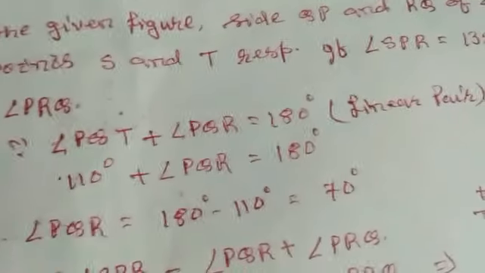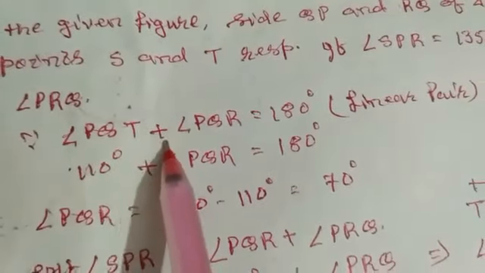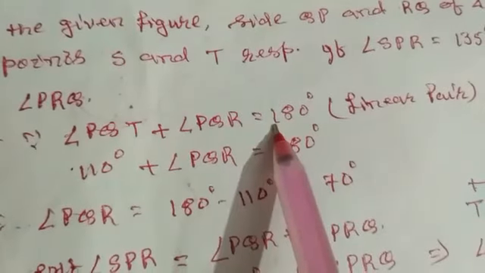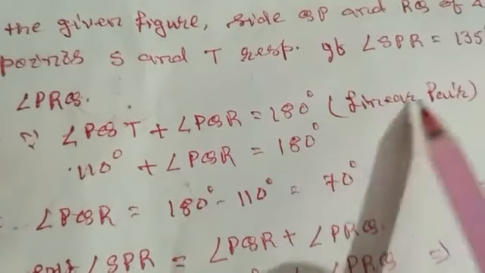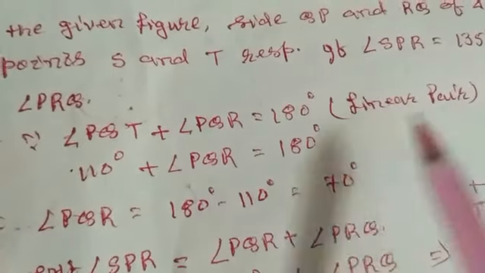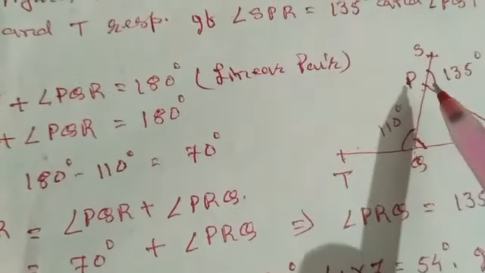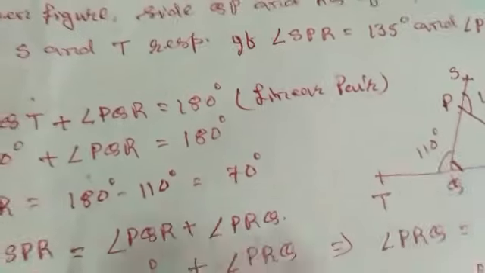So here we can have angle PQT plus angle PQR equals 180 degree. We have the value given that angle PQT is 110 degree.